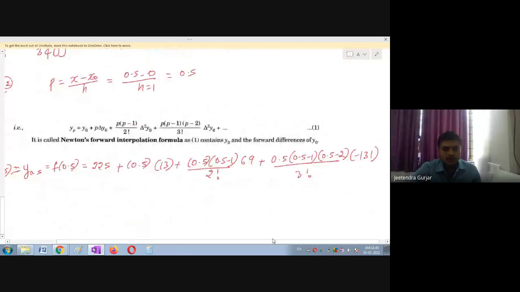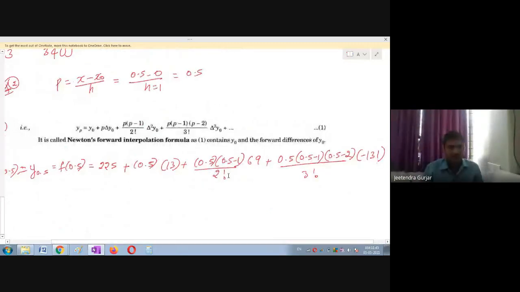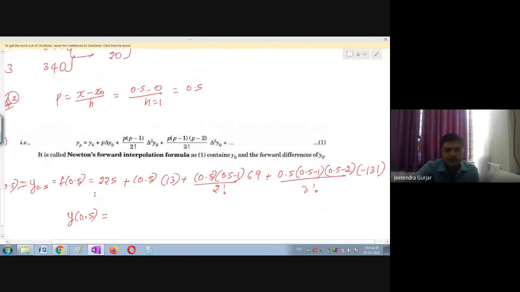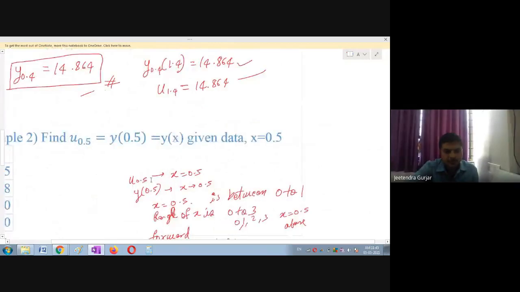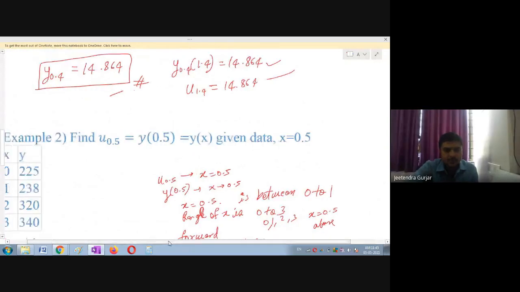Now please tell me what is the answer you have calculated. So y of 0.5 is equal to... here they have given 0.5 only, and x is also 0.5 only. See, this also differs.